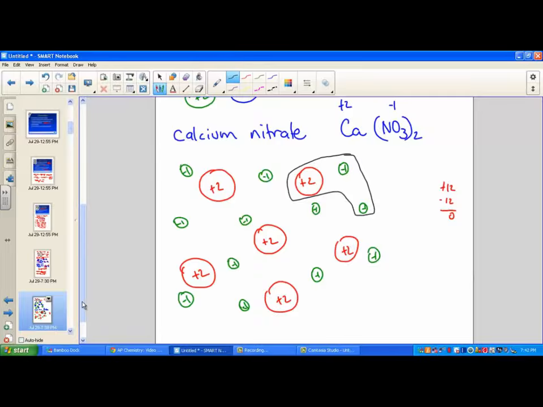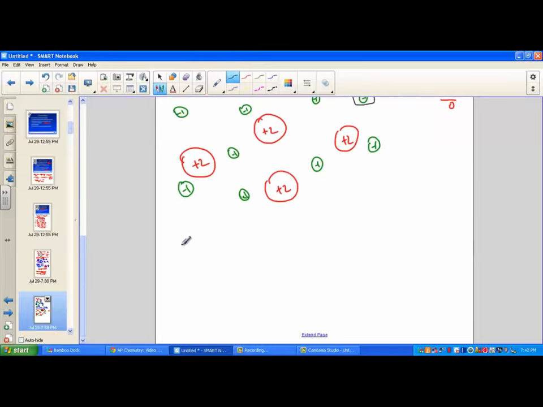How about sodium phosphate? Well, let's go to work writing that formula. Sodium is a positive ion, carries a +1 charge. Phosphate is the polyatomic, carries a -3 charge. So when we crisscross, we get Na3PO4.